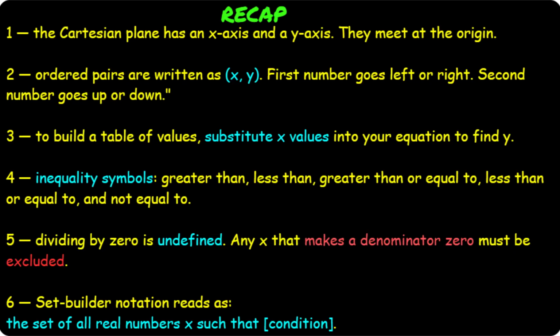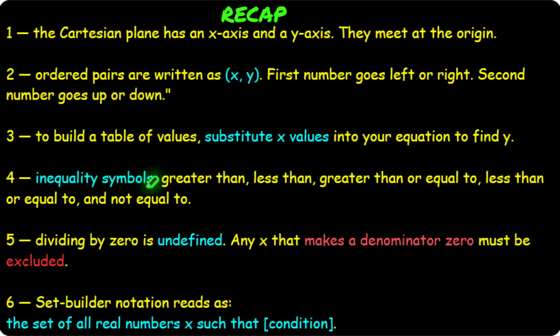Recap. Alright, let's recap what we covered in this video. 1. The Cartesian plane has an x-axis and y-axis. They meet at the origin. 2. Ordered pairs are written as (x, y). First number goes left or right. Second number goes up or down. 3. To build a table of values, substitute x values into your equation to find y. 4.